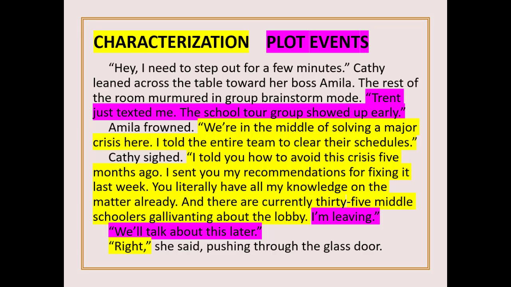Amila is more focused on the task at hand, and she is not appreciative that Kathy is going against her directives. We find out this is a long-standing feud over this crisis, so there's a lot that we find out about the backstory. We even get some of Kathy's personality coming through in her tone here in the way that she responds somewhat sarcastically.